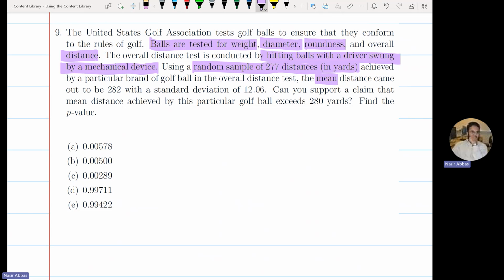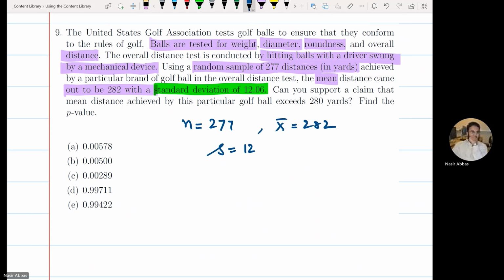The mean distance came out to be some value. Which standard deviation is this? Sample standard deviation or population standard deviation? What is the claim? Can you support the claim?